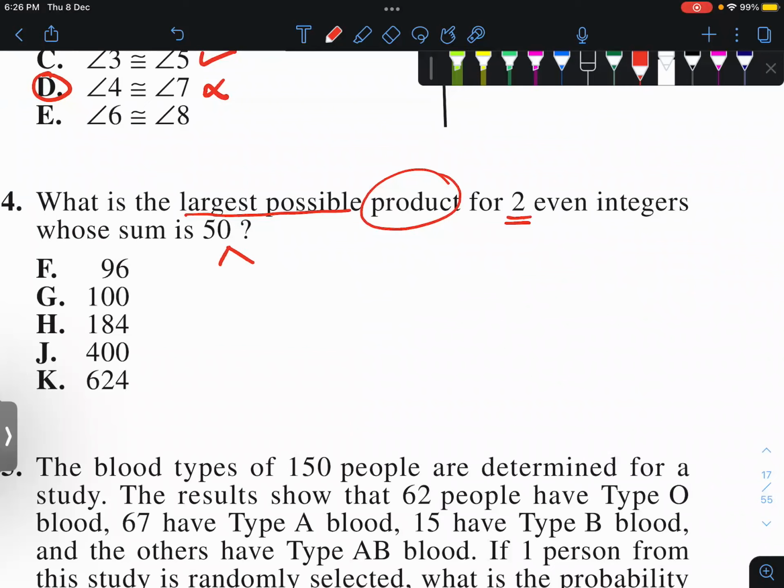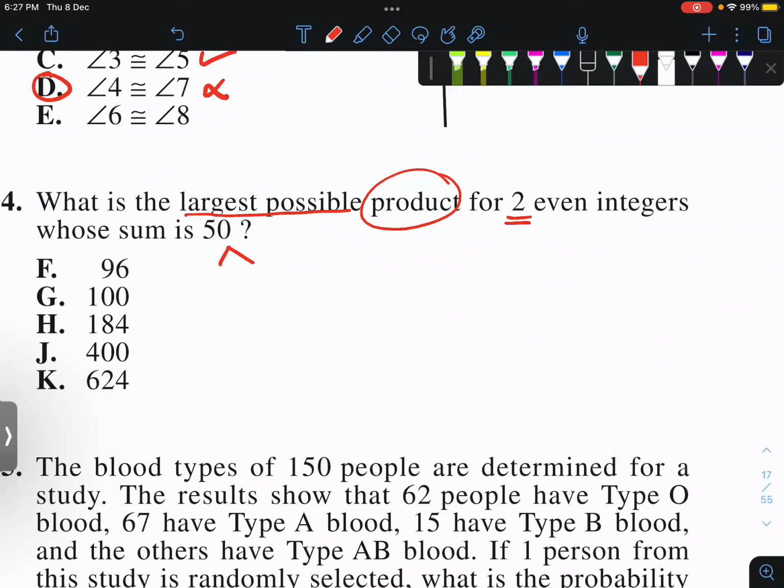And we need two even integers. First of all, the product of two even integers. When you multiply two even integers, like 4 times 2, the answer is 8. It's also even. When you multiply like 8 times 10, the answer is 80. Multiplying any two even integers, the result stays what? Even. We don't have any odd numbers here between them.